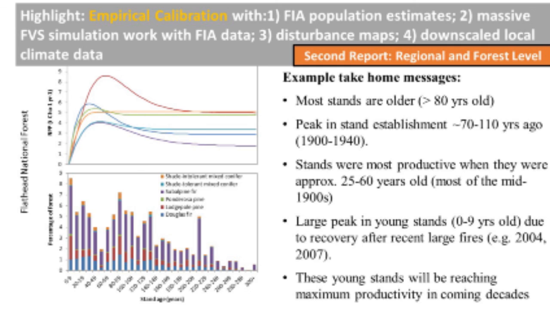So the graphs that you see here are presented at the regional and the national forest scale in the second report. And we've already seen the bottom one, that's just distribution of age by forest type for each national forest.